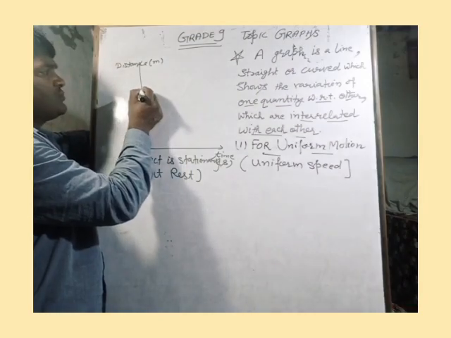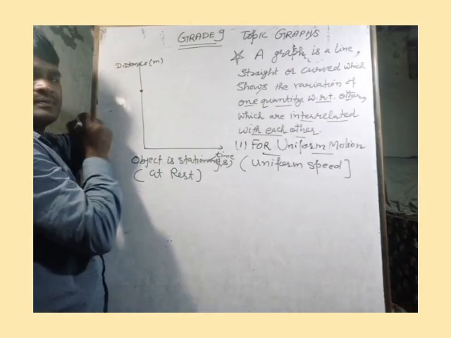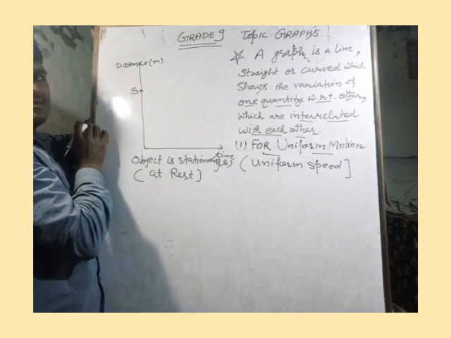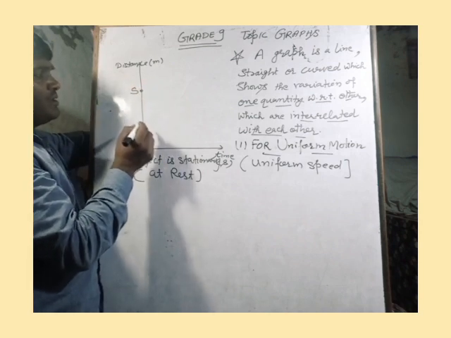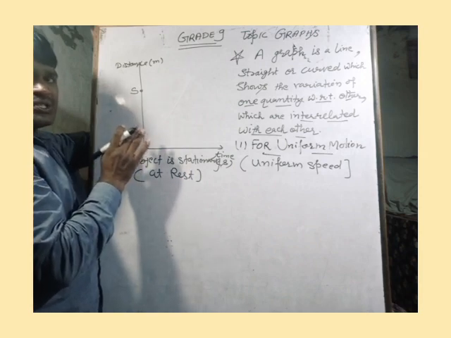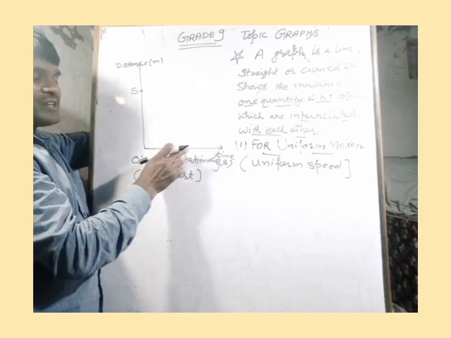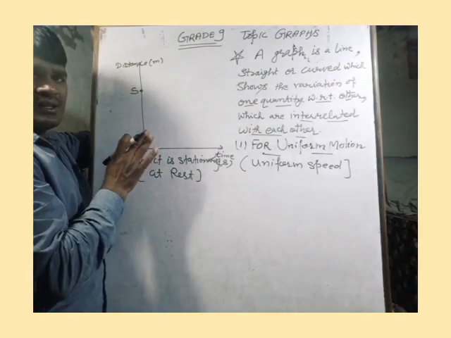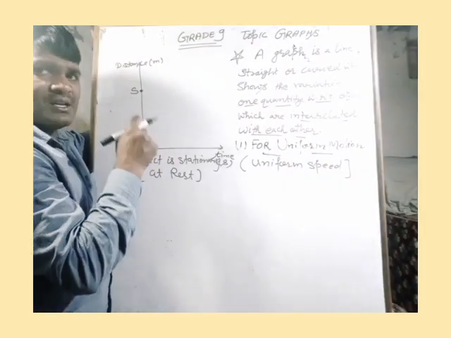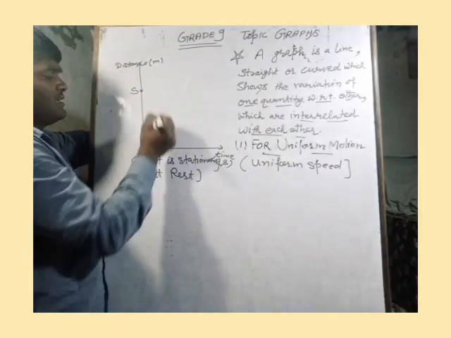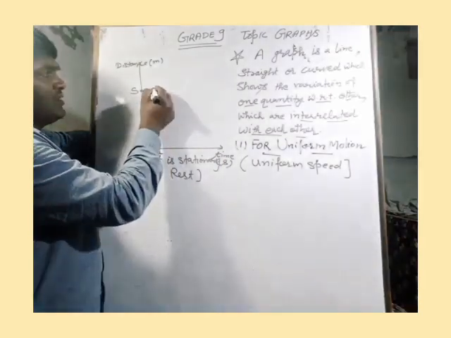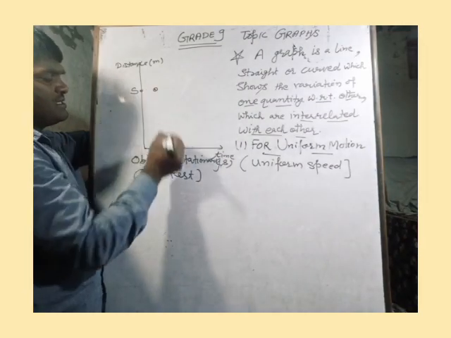Let initially the object be at some distance s. Since the object is at rest, it is not changing its position, but time is running. We don't have any control over time, it will keep running. Hence after 2 seconds when we measured, the object was at the same distance.